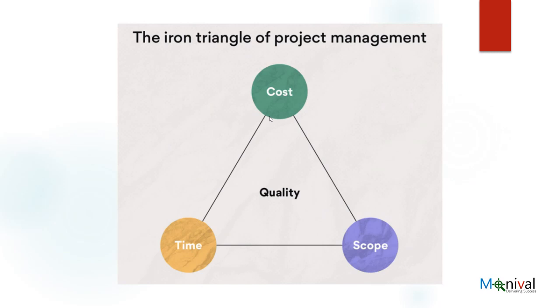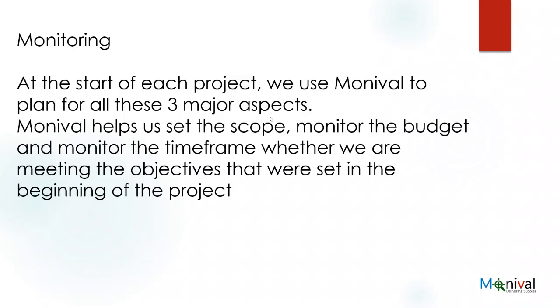So we'll start with the monitoring stage of the project. And as we said, we have the three major aspects, and Monival helps us at the start of each project to come up with numbers for these key aspects.